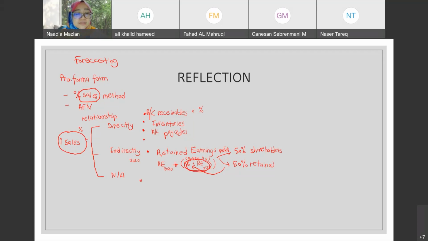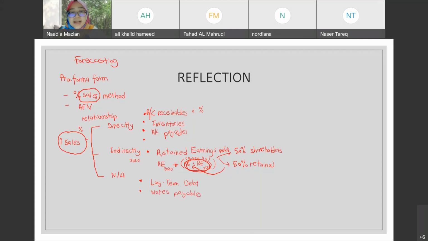Non-applicable, for example, long-term liabilities, long-term debt, notes payable. Common stock?